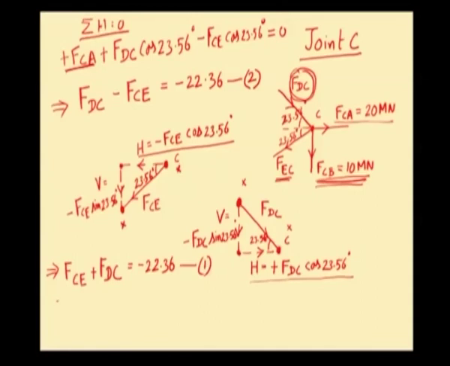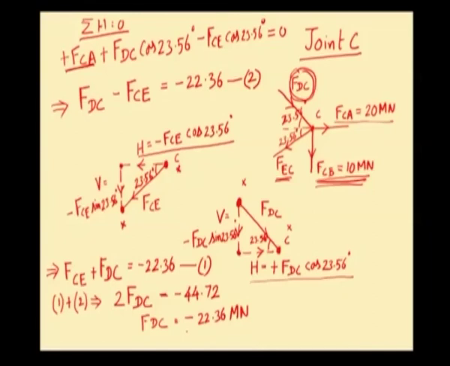To get that, we shall add equation 1 and 2. Equation 1 added with equation 2, the FCE terms will be cancelling out. So, we will be getting 2 times FDC equal to minus 44.72, or FDC equal to minus 22.36 meganewton.